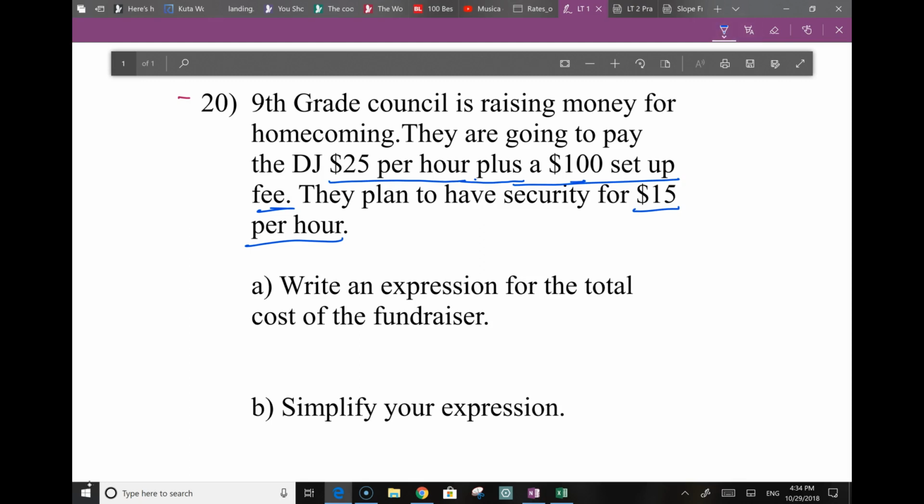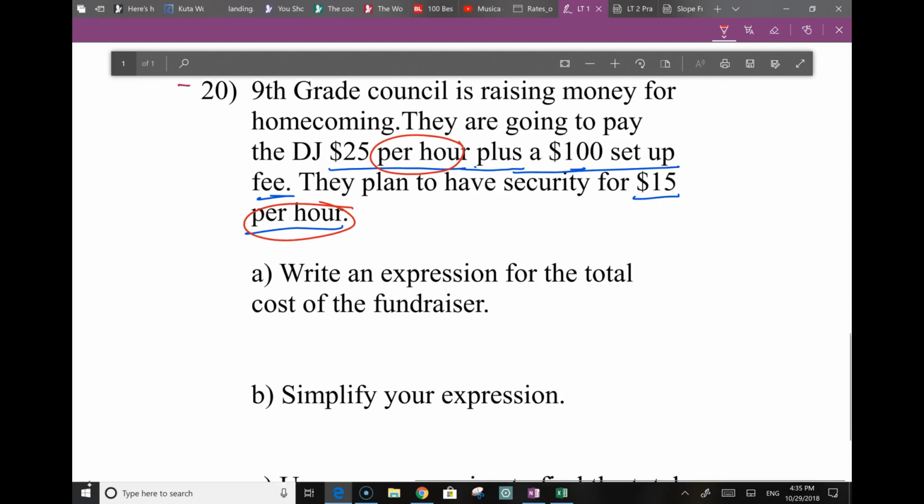Now, I saw the words per hour over here as well. Okay, so we see it twice. That means that the total for this event will depend on how many hours it actually takes place. So it's time measured in hours, which drives the cost of this entire event.